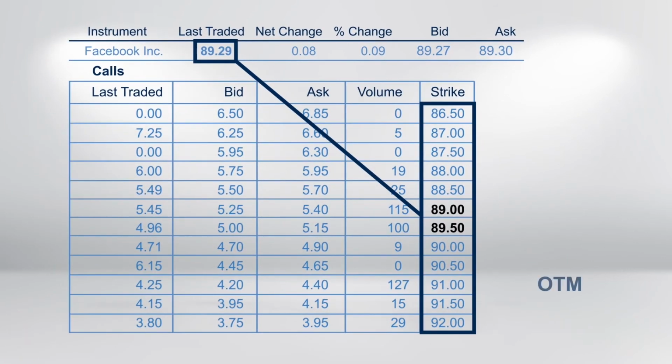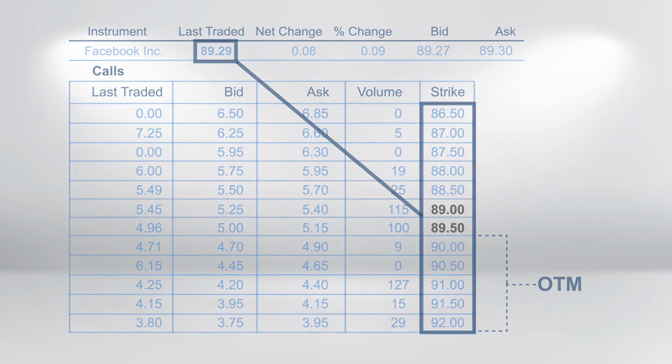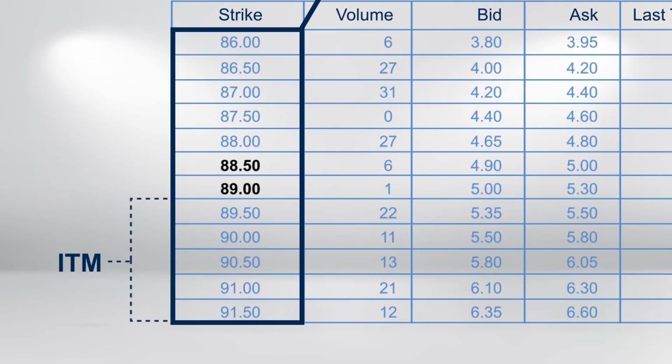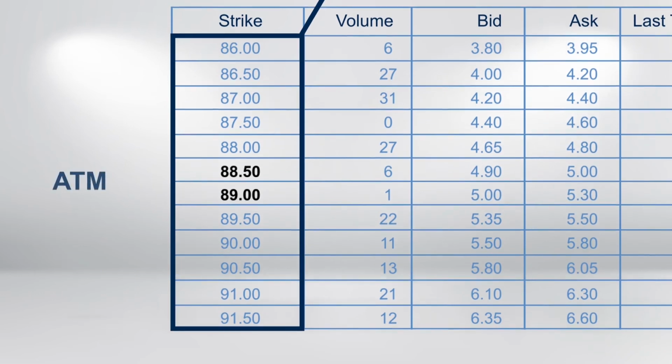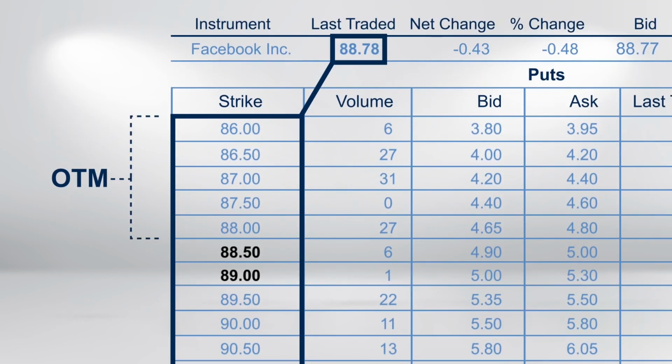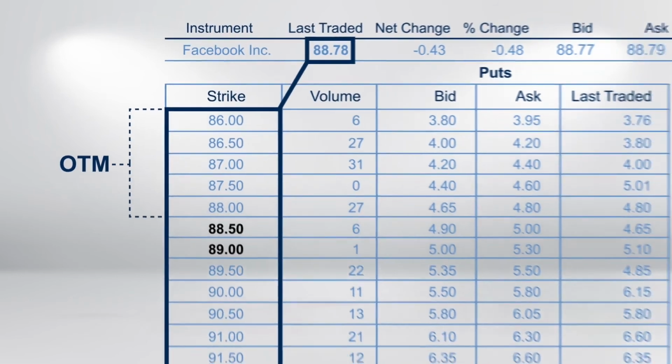Out of the money, or OTM, when the strike price is above the stock price. A put is considered in the money when the strike price is greater than the stock price. At the money, when the strike price is equal to the stock price. And out of the money, when the strike price is less than the stock price.